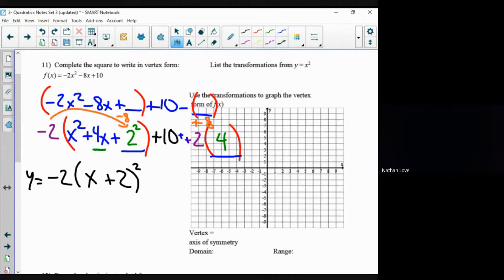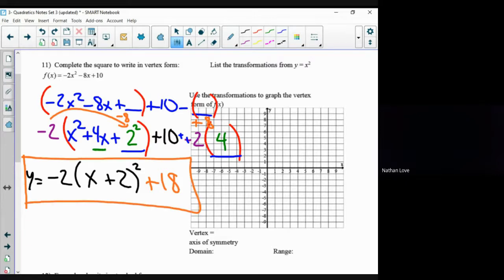It has to balance. If you left this as a minus, now we're down -16. We've made it too low and it doesn't work. So we're going to balance it out. So this is +8 plus 10, which is 18. And there is your final answer. And that is in vertex form.